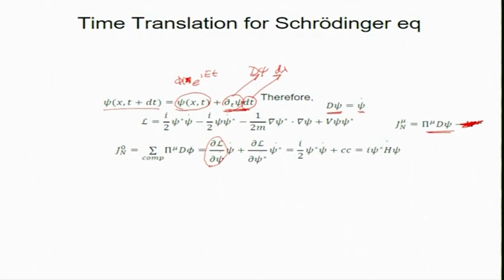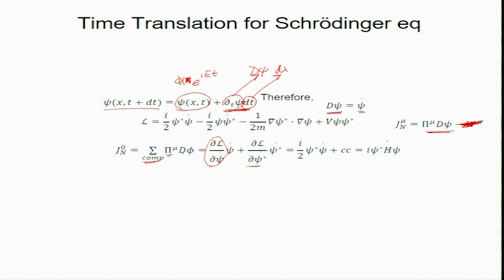That is a definition. Right now I have two components of the field, psi and psi star. We need to sum because otherwise I will not get a real energy. The energy must be a real quantity, no? So I need both psi and psi star. I am doing it for both, that is why I am summing over components.